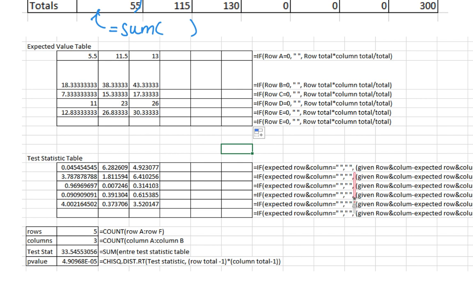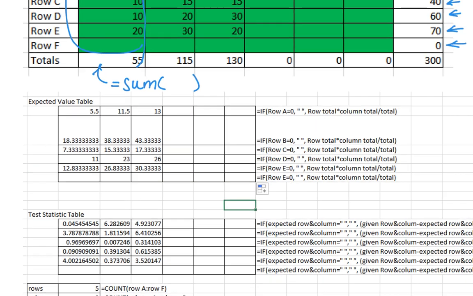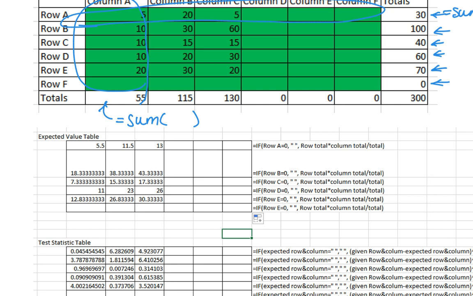So this is saying, hey, if this is empty, this is what I want you to do. I want you to grab the given row and column. Well, the given row and column is this entry right up here. That's the cell I'm going to grab.